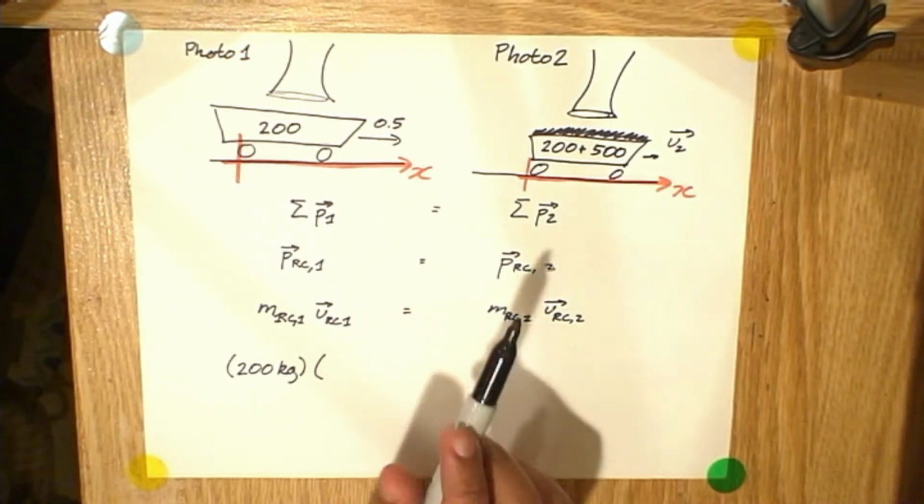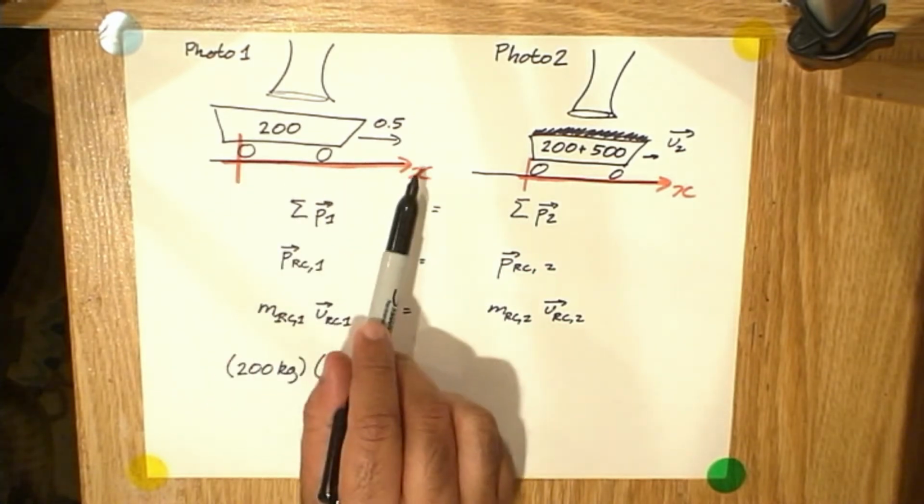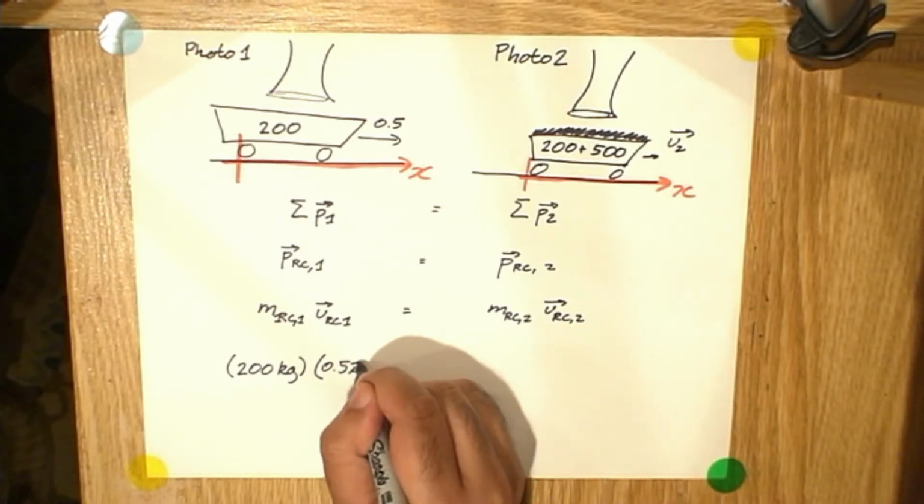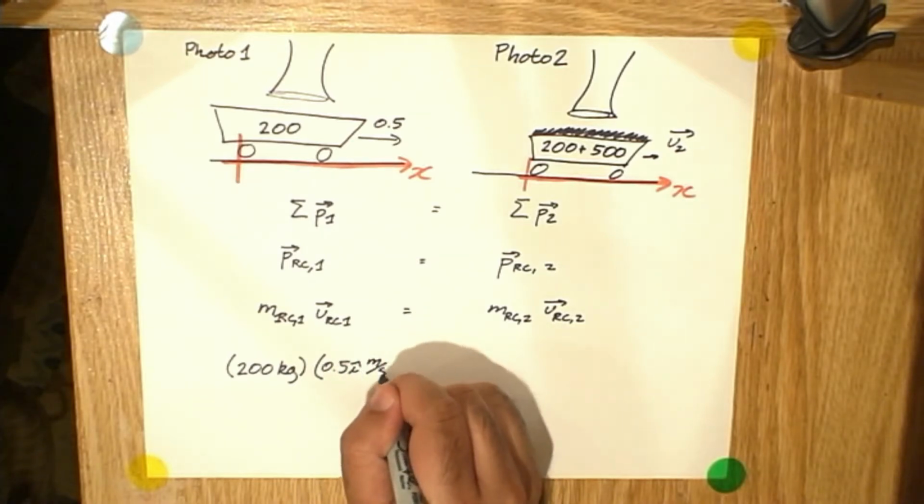Now, that being the case, I can now say that the initial velocity was 0.5 i hat meters per second.